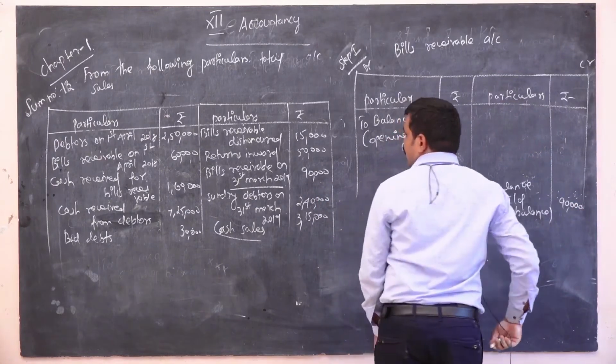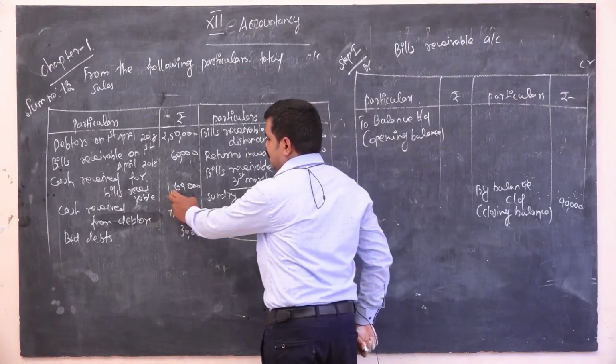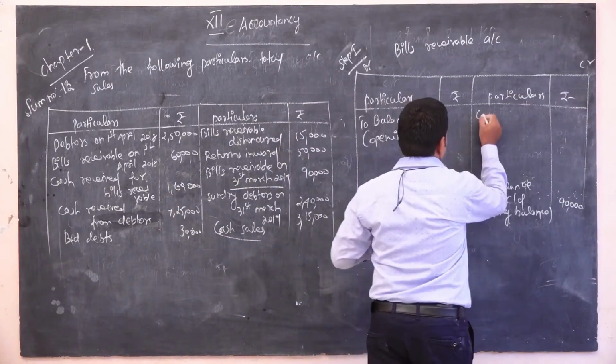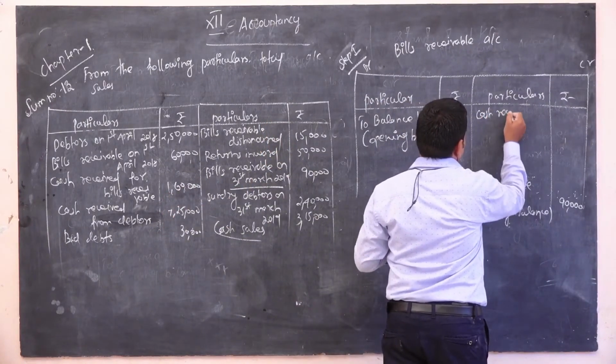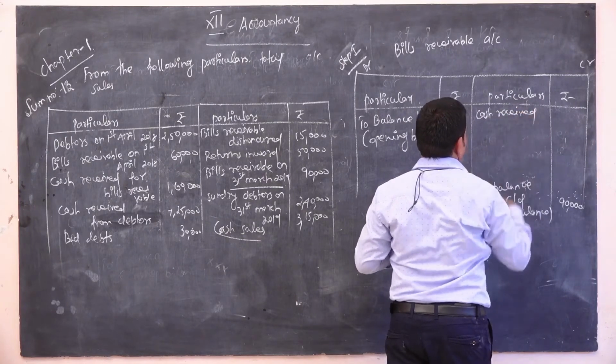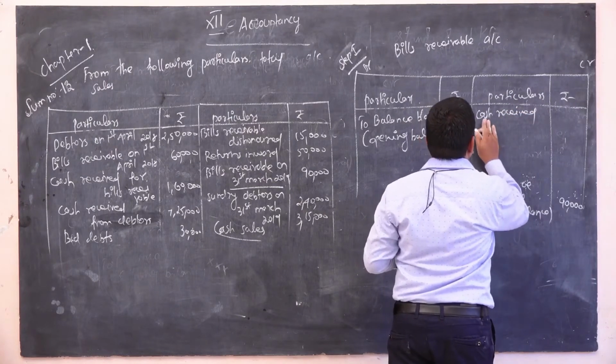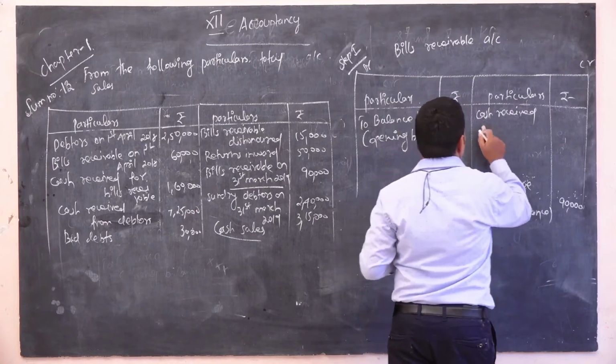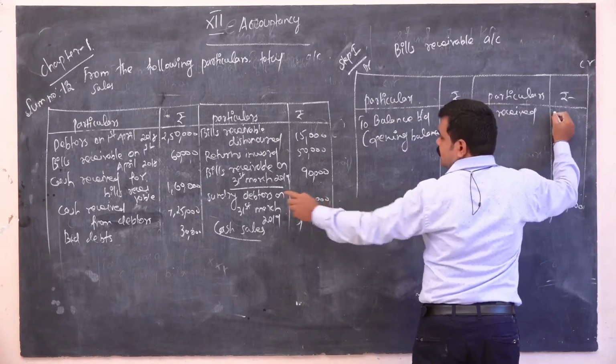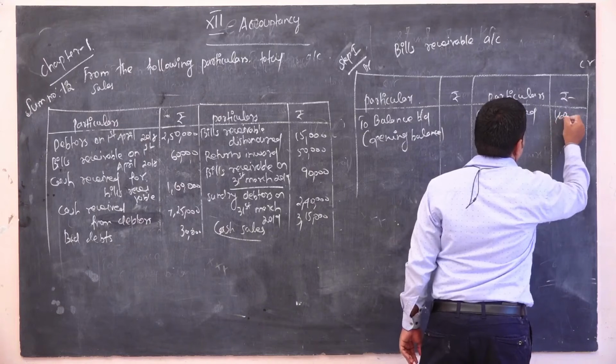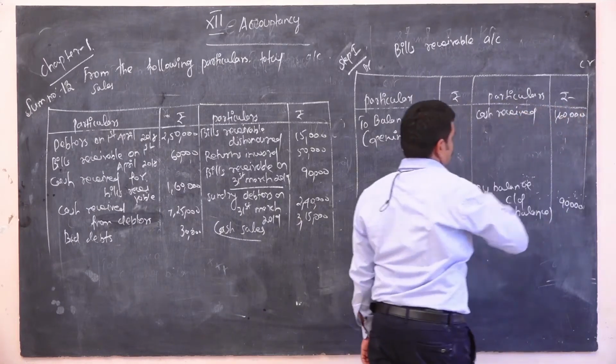Next, any amount received for bills receivable: cash received, that is a bill accepted. The amount is 1,60,000.